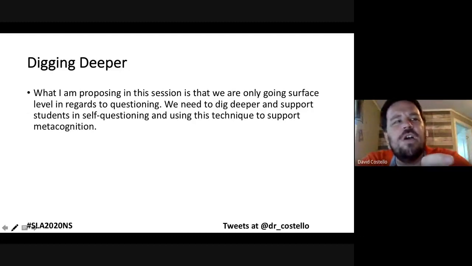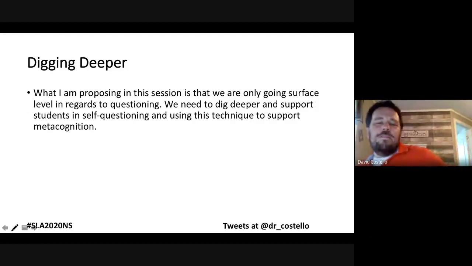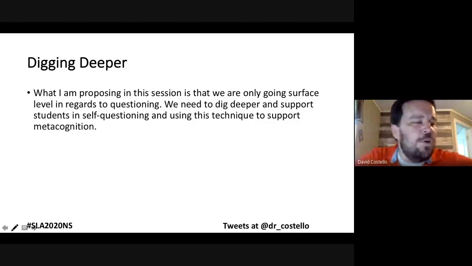But I think we need to go 1 inch wide and 1 mile deep. To do that, we need to support students in self-questioning and using this technique to support metacognition. When we support students as self-questioners and as people who engage in metacognition, that's when we will see an increase in the questioning within the classroom.